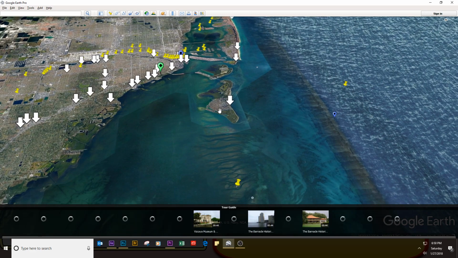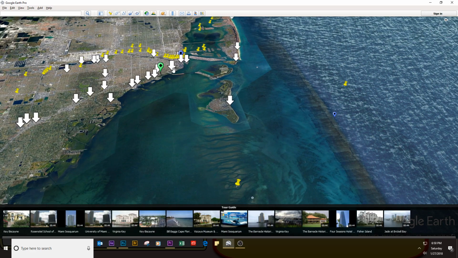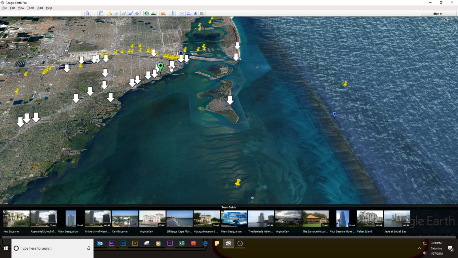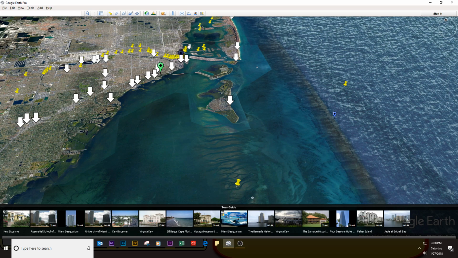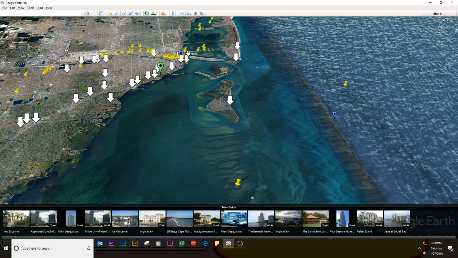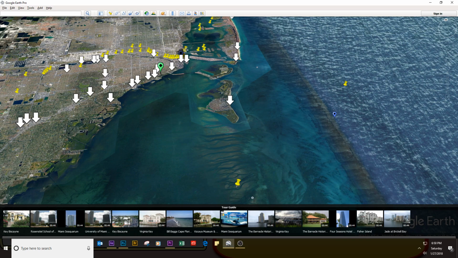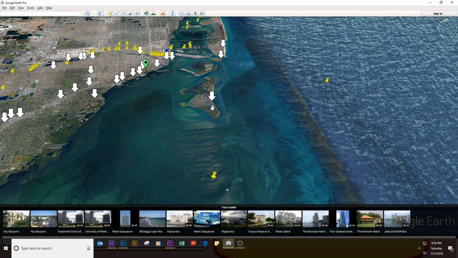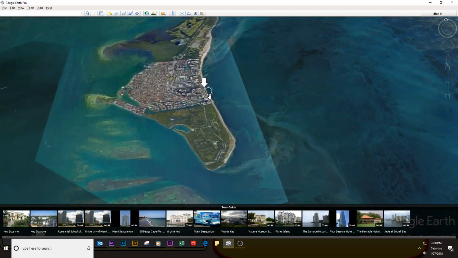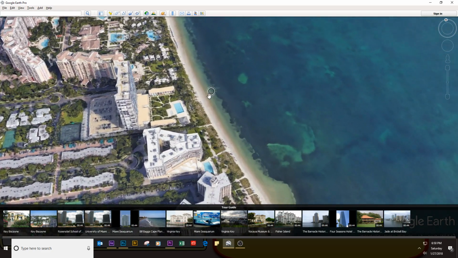If you want to go to Key Biscayne, remember I told you to start right here, Brickell, and the entrance to Key Biscayne right here, and go up Brickell to downtown, across by the Miami Herald building, and all of the beach. But if you want to take a little trip and go to Key Biscayne, this is what the buildings look like in Key Biscayne.